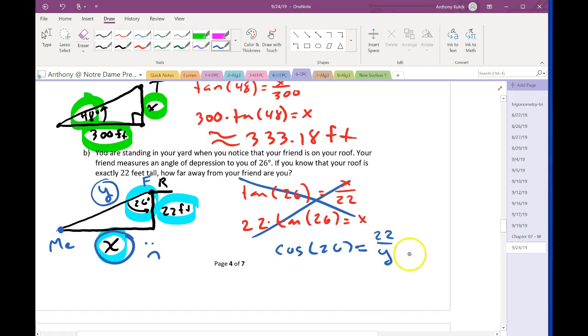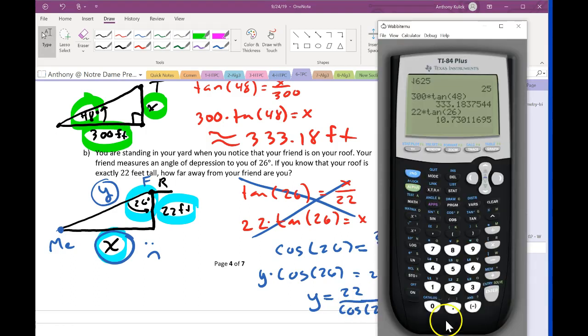So, to solve this, I'll multiply both sides by y to get rid of my fraction. And then divide both sides by cosine of 26. And now I'll type that into my calculator. Gee golly willikers, reading comprehension is pretty tough.